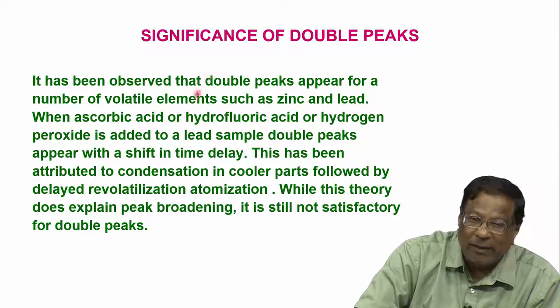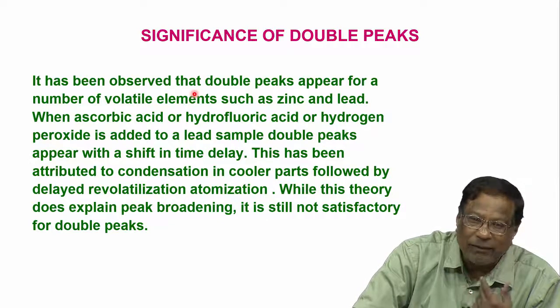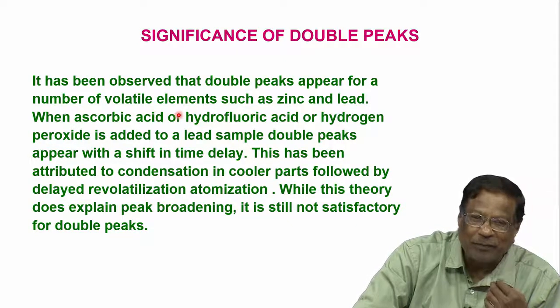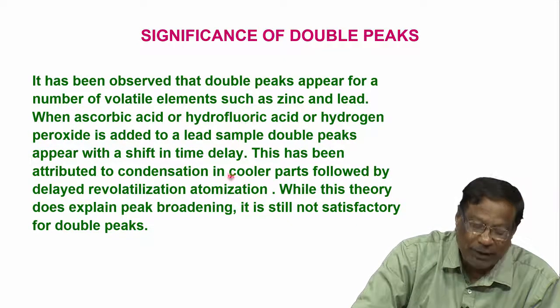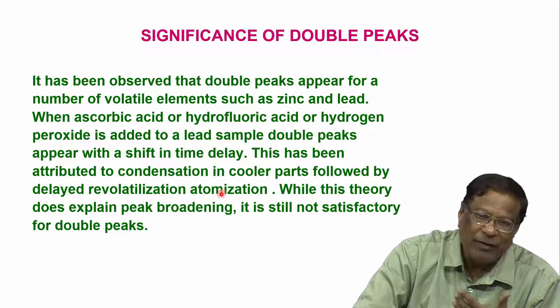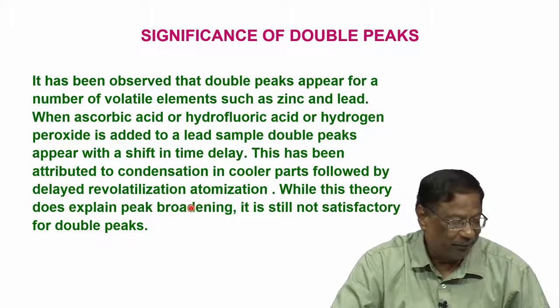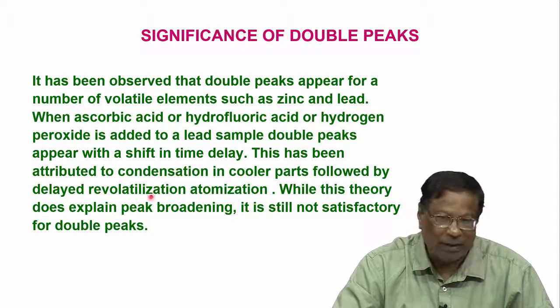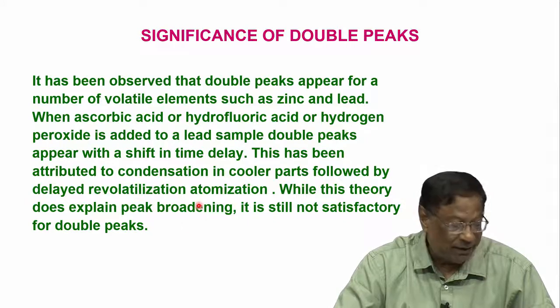Sometimes elements with different valence state, they also show different peaks. So, it is still not satisfactory explanation for the visibility of double peaks. It is a mystery, but lot of people have been working on that.